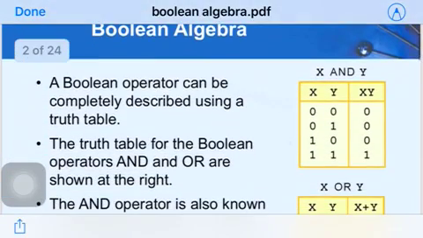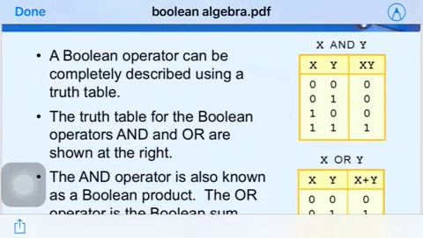Coming to the Boolean AND operator, the truth table of AND is shown in the table on the right side, with inputs X and Y. The input variables take the values either 0 or 1 in digital logic, or true or false. 0 is false, 1 is true.